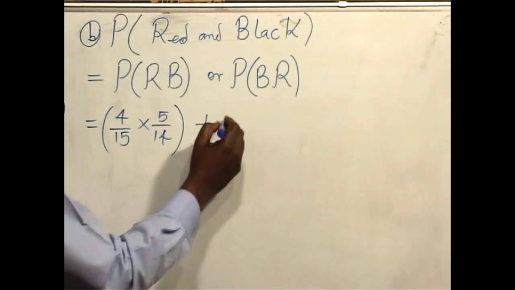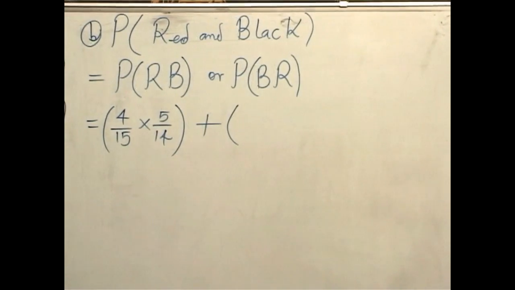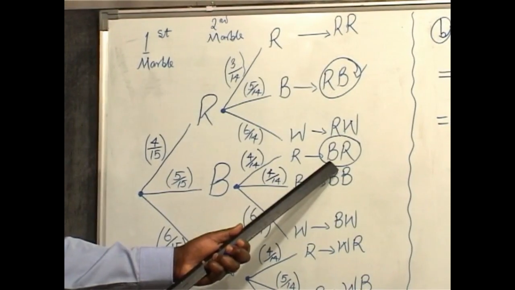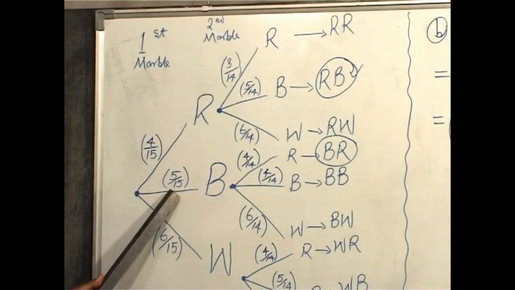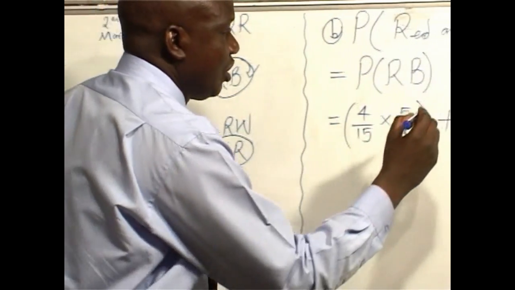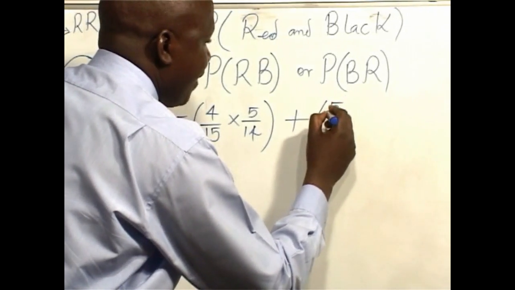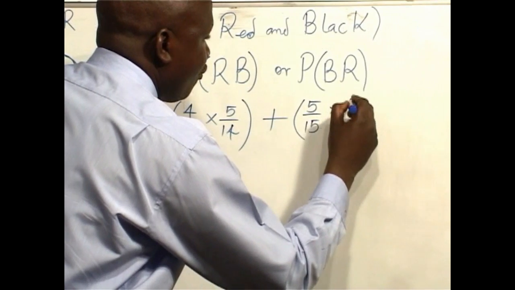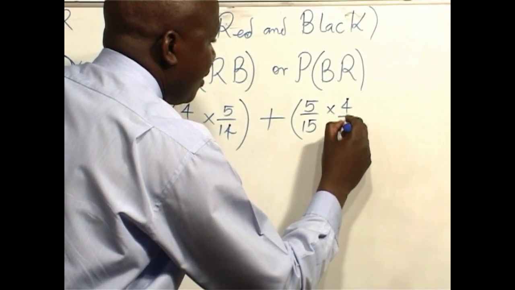And for us to have this combination of black followed by red, it is 5 over 15 and 4 over 14. So we are going to have 5 over 15 and 4 over 14.